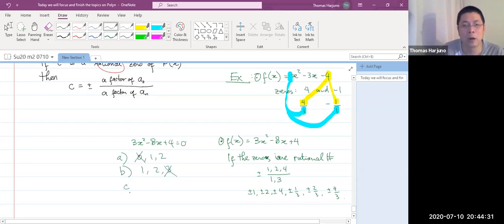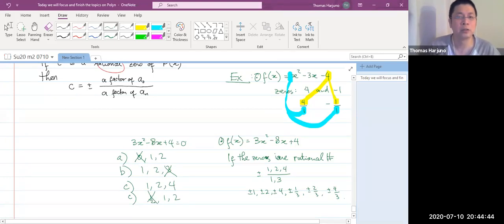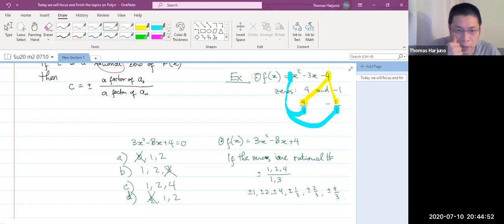How about 1, 2, 4? Maybe. How about 1/2, 1, 2? No, it won't be 1/2. So using the method of elimination, you may be able to find the roots of this equation a lot faster by just staring at it and knowing the rational zero theorem.